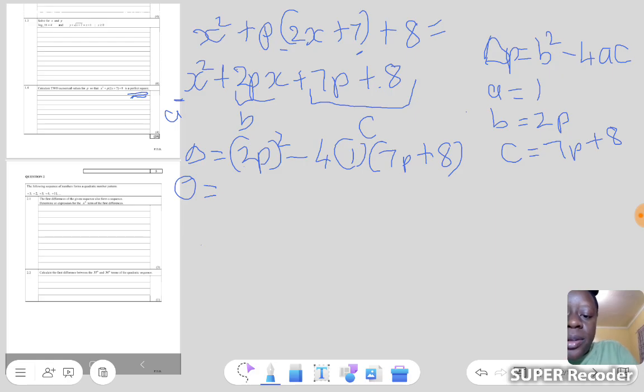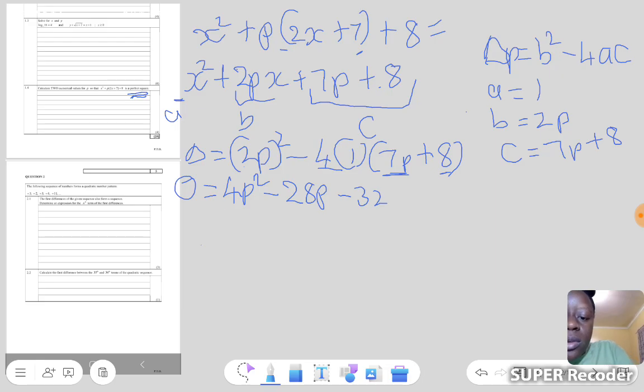So here it will be 2 to the power, that's 4p squared, minus 4 multiplied by 7p, that will give us negative 28p, then negative 4 times 8, that would give us negative 32.